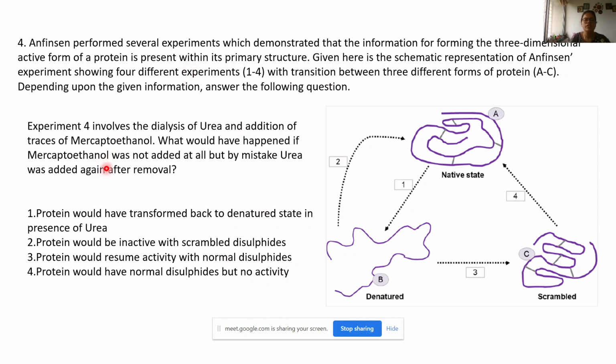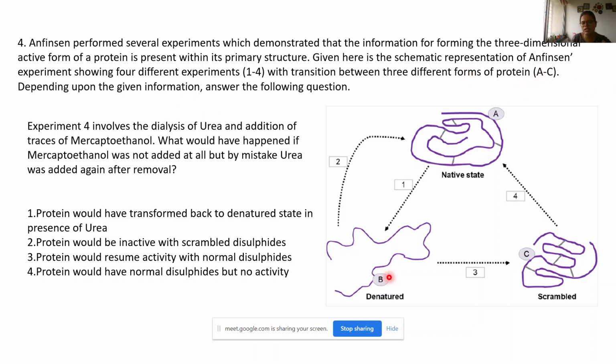So here is that experiment. We will first read the question. Anfinsen performed several experiments which demonstrated that the information for forming the three-dimensional active form of a protein is present within its primary structure, which is the amino acid sequence. Given here is a schematic representation of Anfinsen's experiment showing four different experiments with transitions between three different forms of protein.